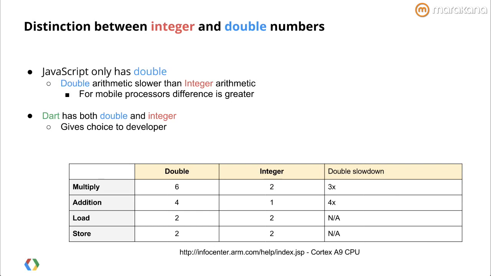You can see that a double multiplication is 3 times as slow as an integer multiplication, and addition is actually 4 times as slow. So we're paying this cost every time we do arithmetic in our programs, and it's unnecessary. With a new VM and a new language, we can make better choices that lead to more performant code. So Dart has both doubles and integers, and it puts the control into your hands, and you can decide when it's appropriate so that you get the most optimal code.